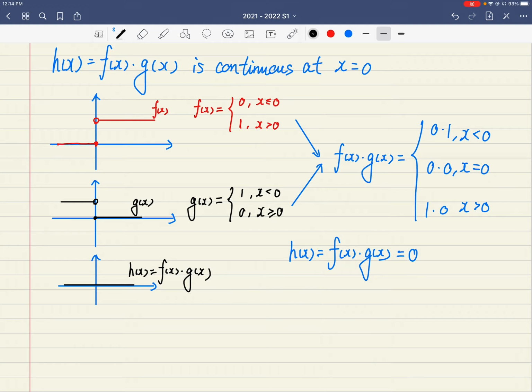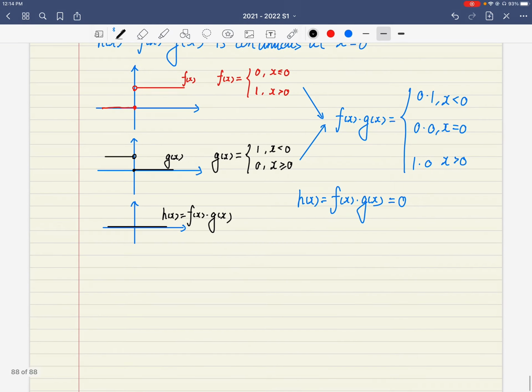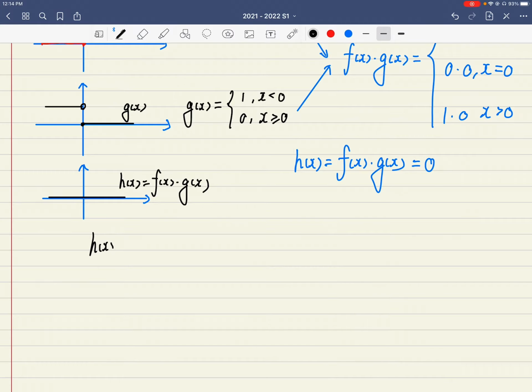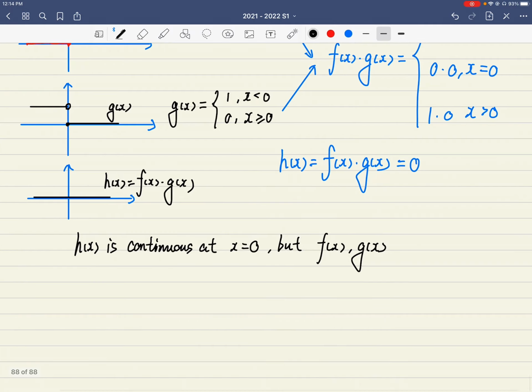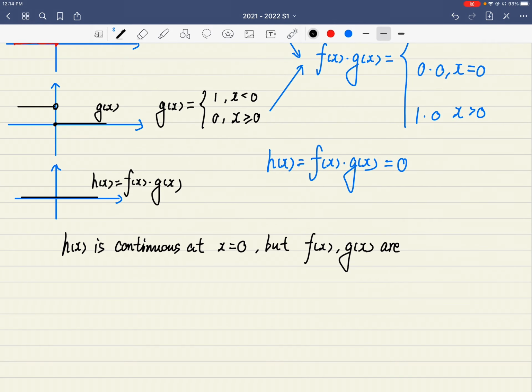You can see the product is continuous, but each individual function is not continuous at 0. Let me write it down: h(x) is continuous at 0, but neither f(x) nor g(x) is continuous.